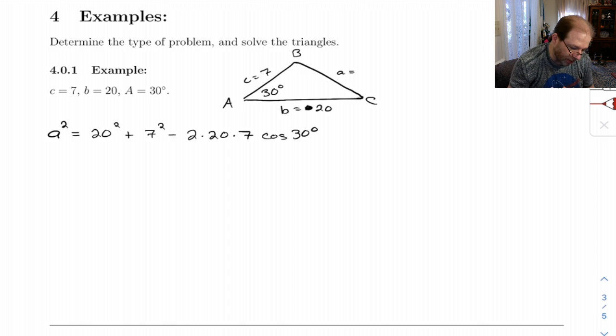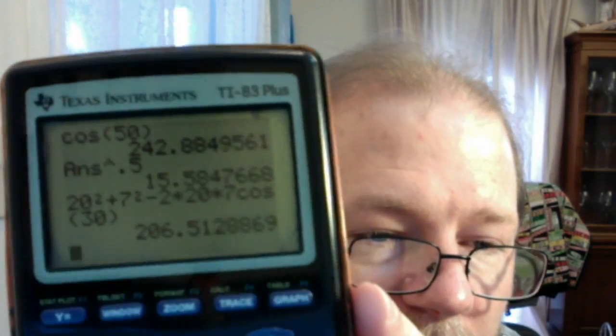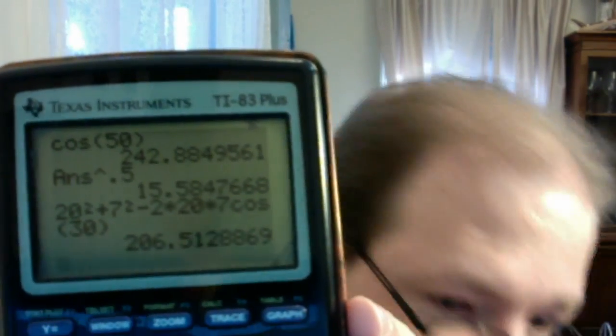So let's see, 20 squared plus 7 squared minus 2 times 20 times 7 cosine 30. And that gives me 206.51. That is a squared.